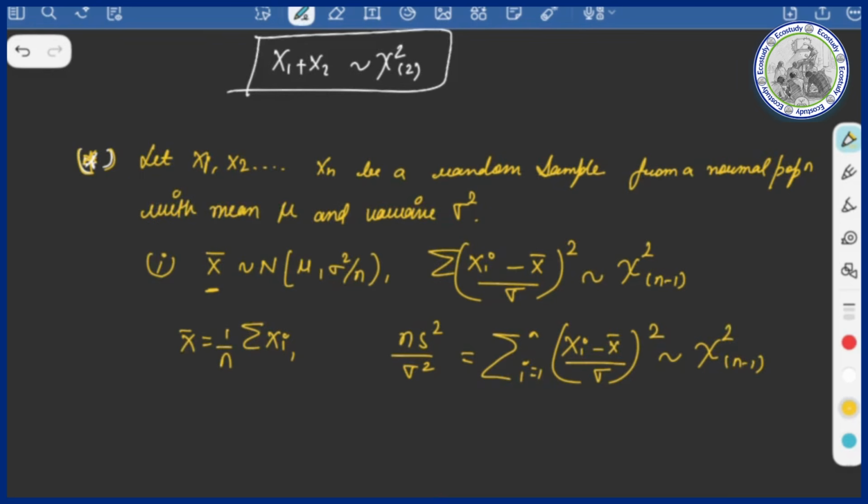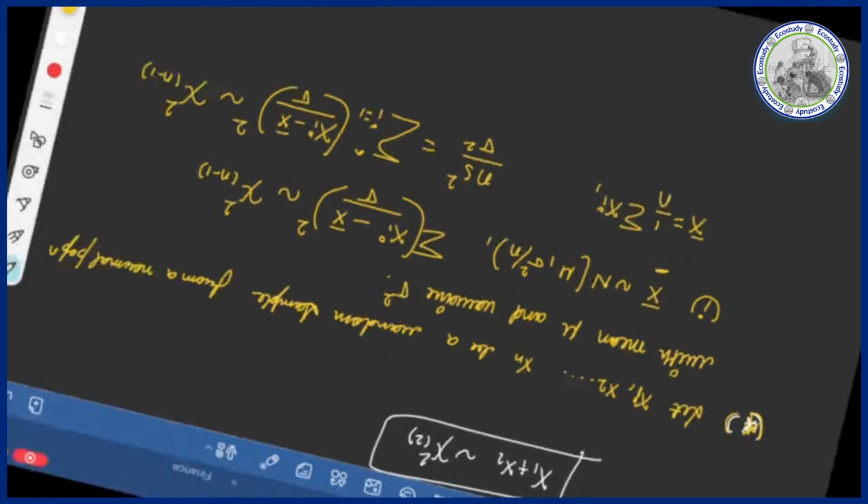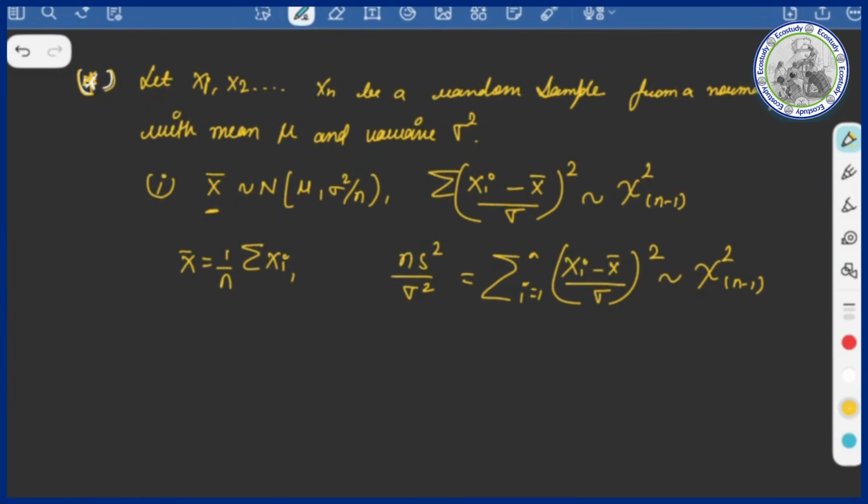Now we will see the formula. So what is the distribution of the sample variance? It is important.